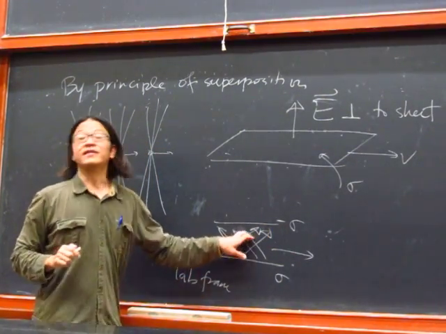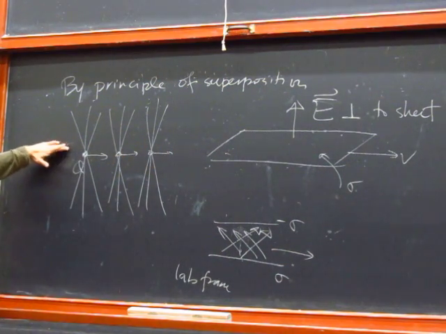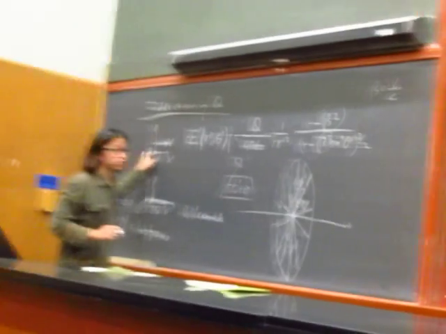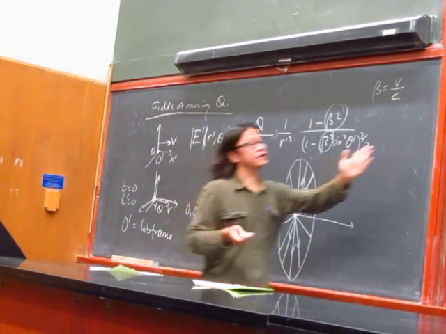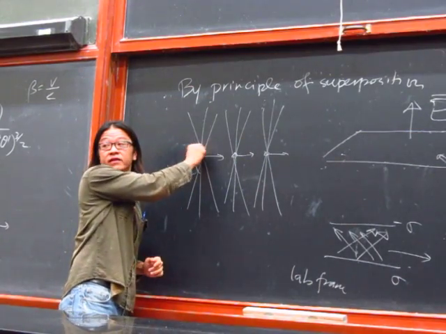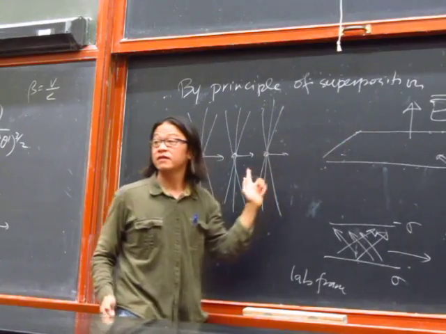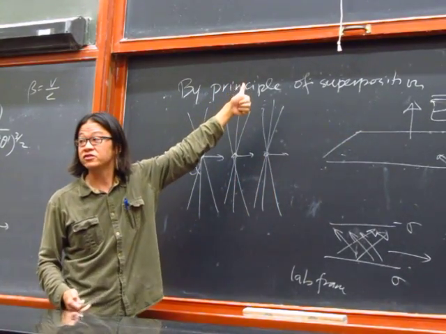Right? This is the proof. Because what happened here is that for each individual charge, point charge, the field is still symmetrical around this point, right? So when you add all of the charges to form a sheet, everything is still pointing in that direction, right?